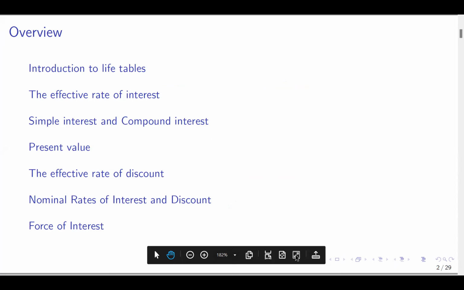We'll start with an introduction, and then we'll move on to the effective rate of interest, and then simple interest and compound interest, present value, the effective rates of discount, nominal rates of interest, and then we will look at force of interest.